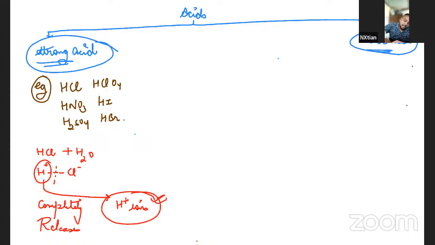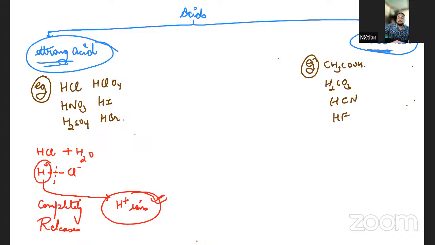Understood, guys? Now, what are the weak acids? Like acetic acid, which is CH3COOH, carbonic acid, which is H2CO3, any other one? Hydrogen cyanide, HCN, and HF.